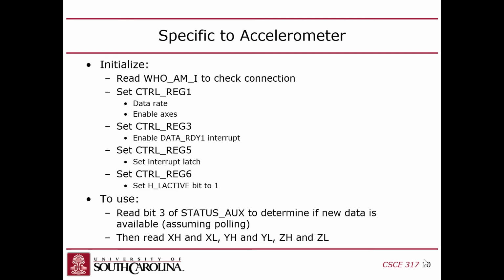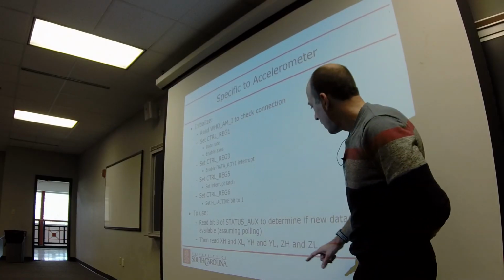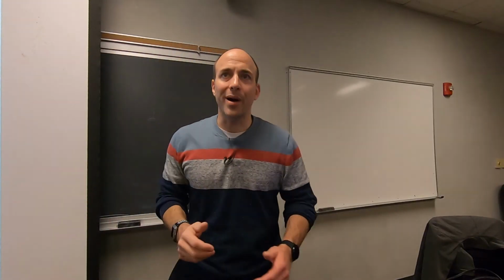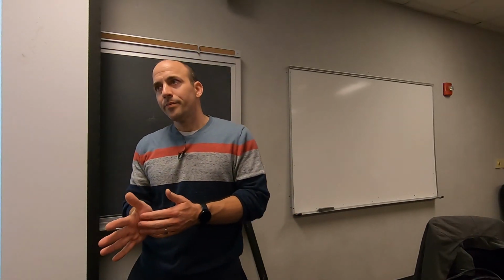Then in the interrupt handler, you would read X high, X low, Y high, Y low, and Z high, Z low, and those are the actual names of the control registers that contain the 16-bit values for the acceleration, right? So obviously there are 3 axes and each one is 2 bytes. Make sense?